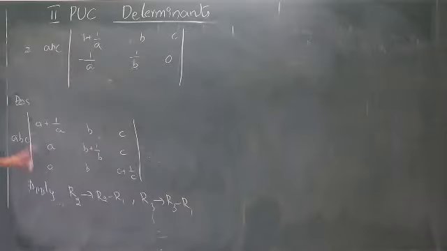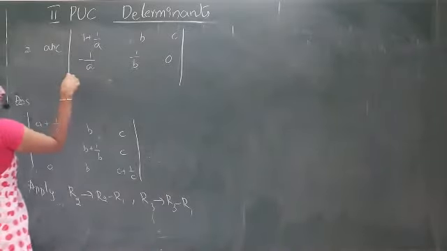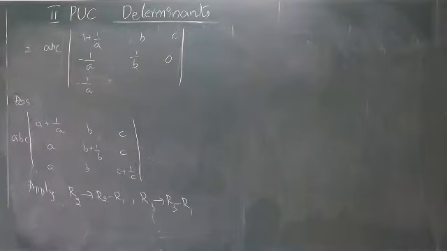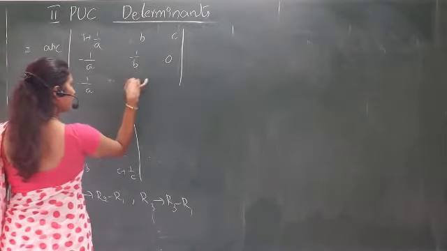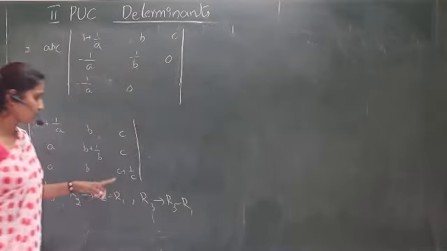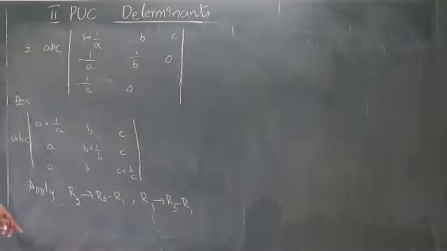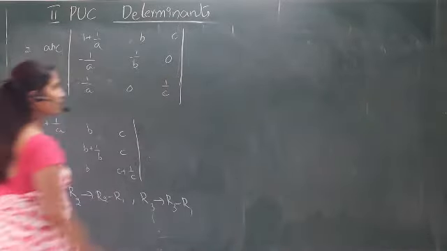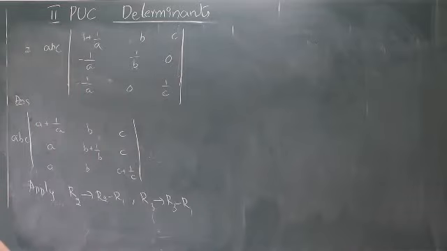And here it is minus 1 by a, and b minus b is 0, and the last one is c plus 1 by c minus c is 1 by c. So this we got after the second step.